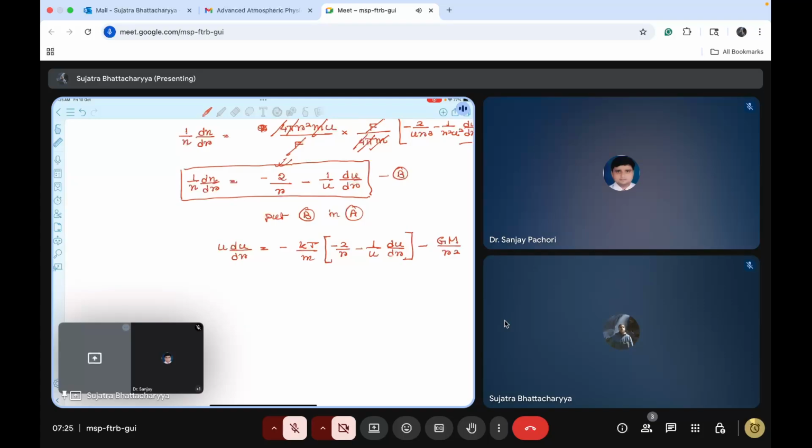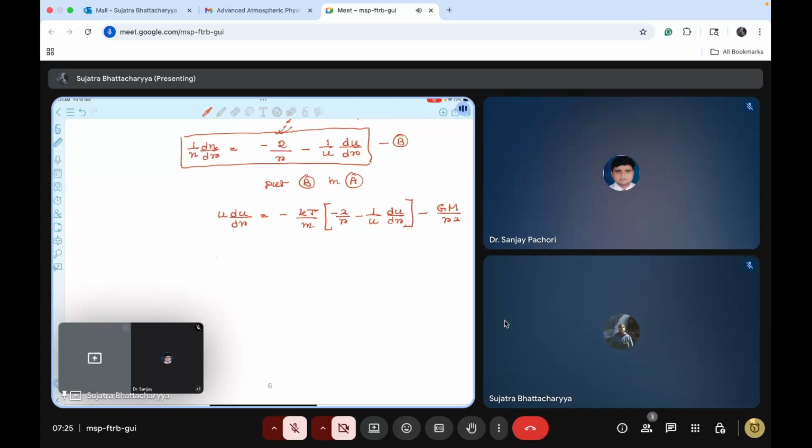Now further you can write the u du/dr, just opening the expressions, minus kT by m.